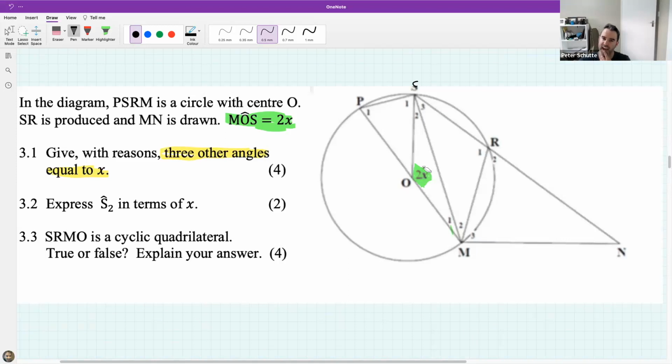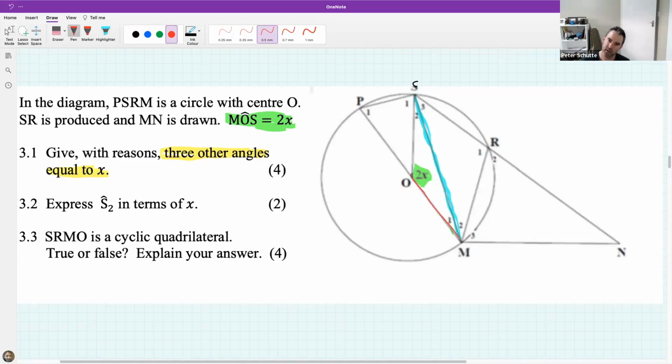Ooh, okay. All right. There's a couple of ways we could do this. I'm going to give you the hint that this chord is quite important. So that chord over there is quite important. And if I take that chord and I make an angle at the center, let's start here.